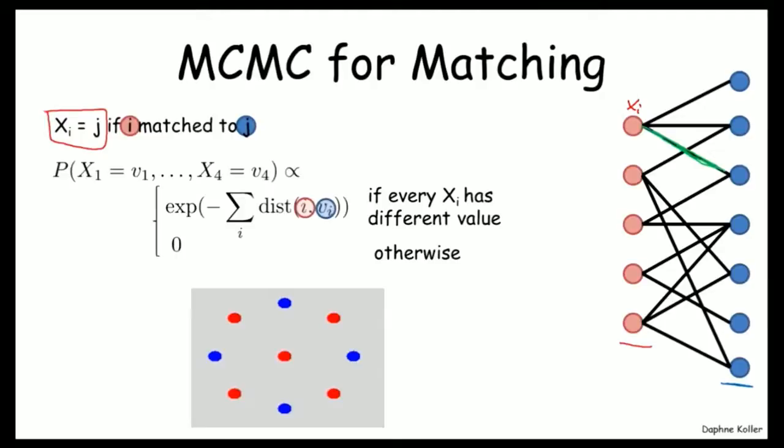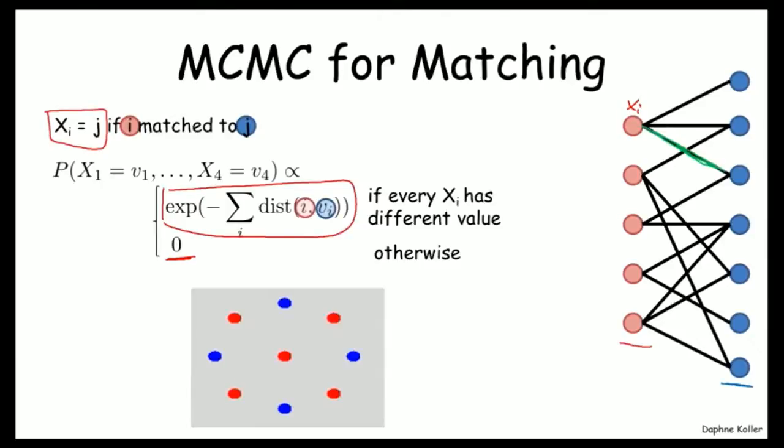We're going to say that, first of all, it has to be a matching. So if we don't have that every red dot is matched to a different blue dot, that's a probability 0 assignment. This would be the case if you had two red dots that matched to the same blue dot. And otherwise, we're going to define some kind of weighted combination: an exponential of the sum of the quality of the matches between the red dots and the blue dots. So we're summing up the quality of the edges that participate in the matching.